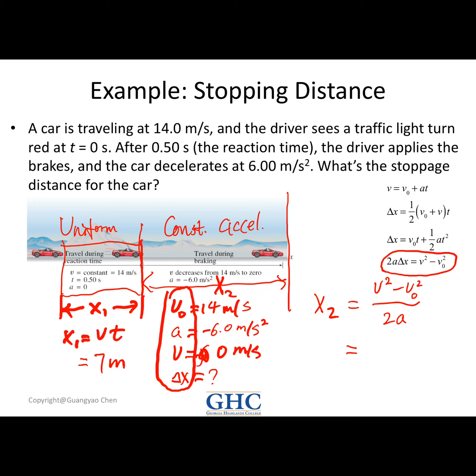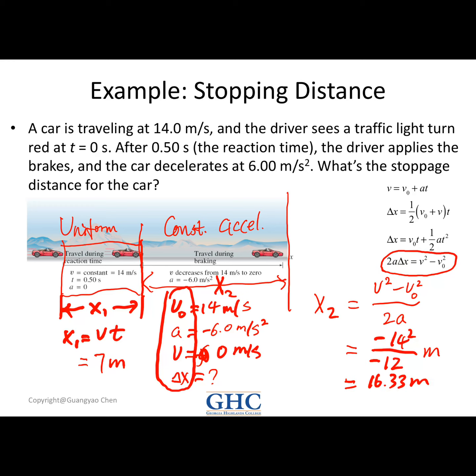We have final velocity which is 0, so it's negative 14 squared over 2 times the acceleration, which is 6, so 12 in the denominator, and the acceleration is negative, so in the end you should get a positive number. If you plug everything in, this gives us 16.33 meters.